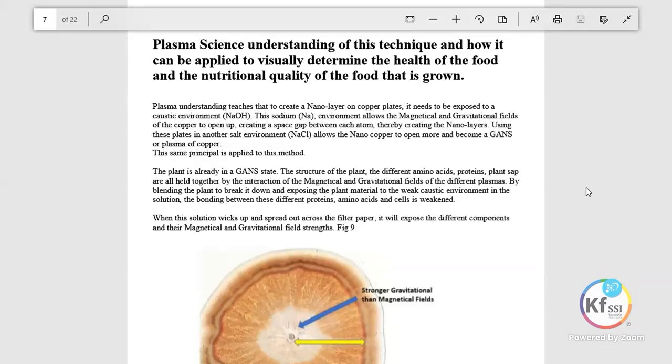And from there onwards, we put it into another salt solution, which opens it up further, and we create our GANs. So the method that we've been taught over the last couple of years is essentially the method that they had used a year ago, using the caustic solution to try and open up the plant material and see what's there, or open up the soils and see what's in there.